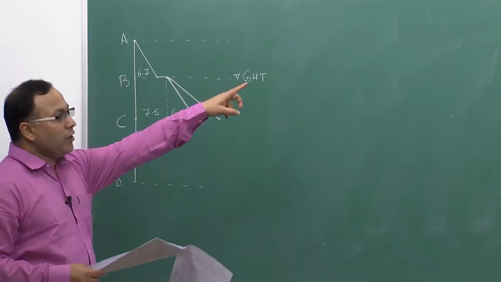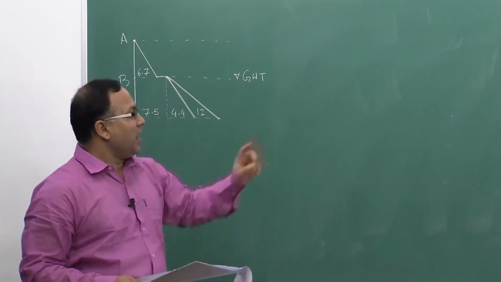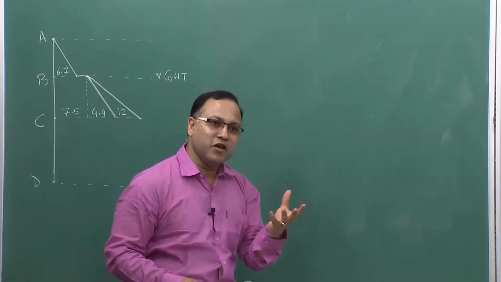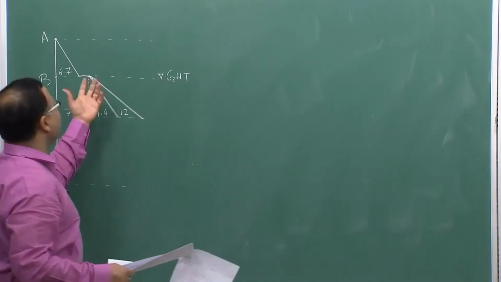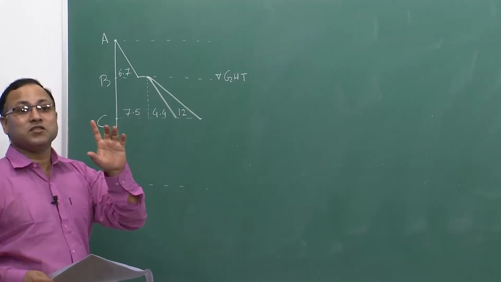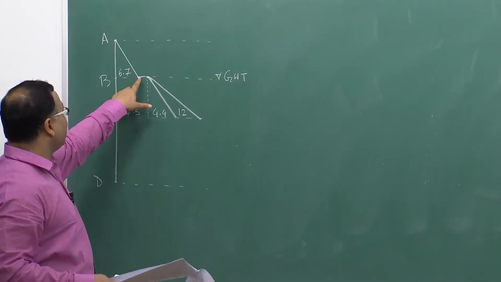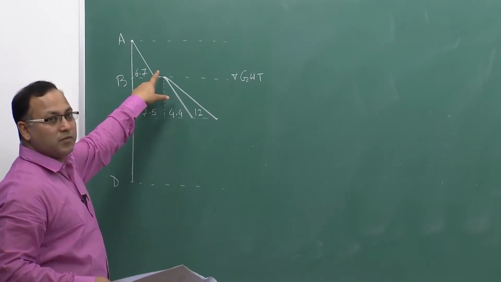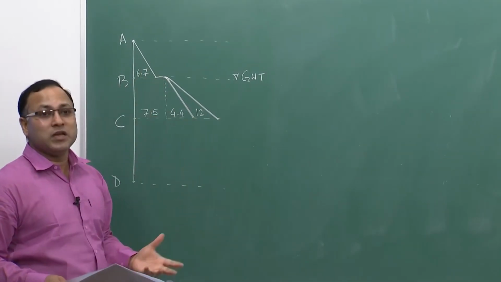Now, when you are considering stratum 3, at that time what are you getting? Pc is equal to 20, that means you are getting some reduction. So, discontinuity obviously, but all the time it will be increasing, that is not necessary. Here you have got the increase from 6.7 to 7.5, but it may not be true always.